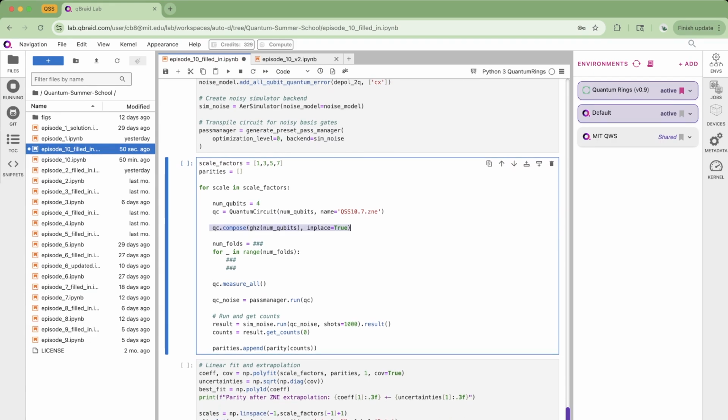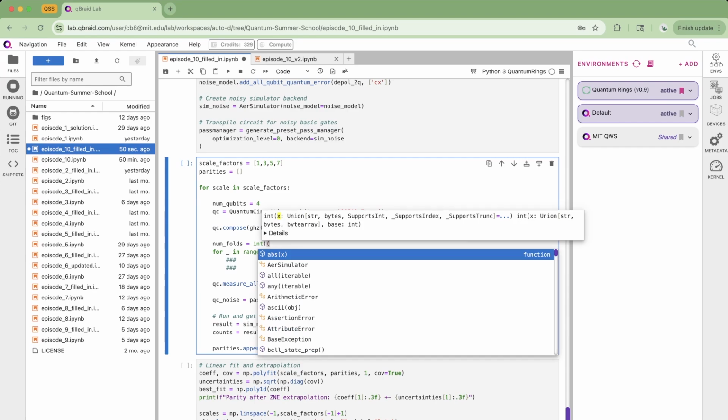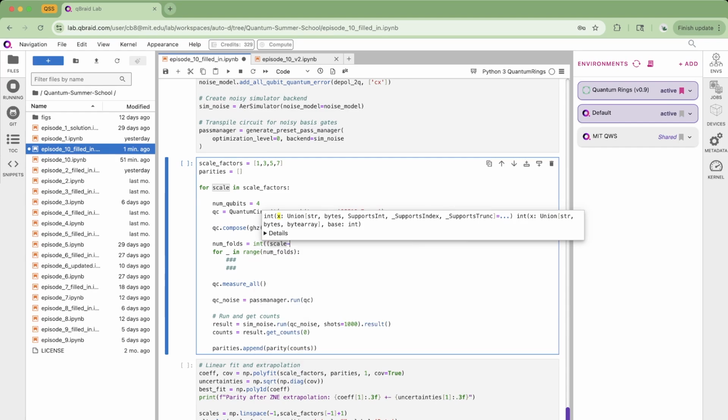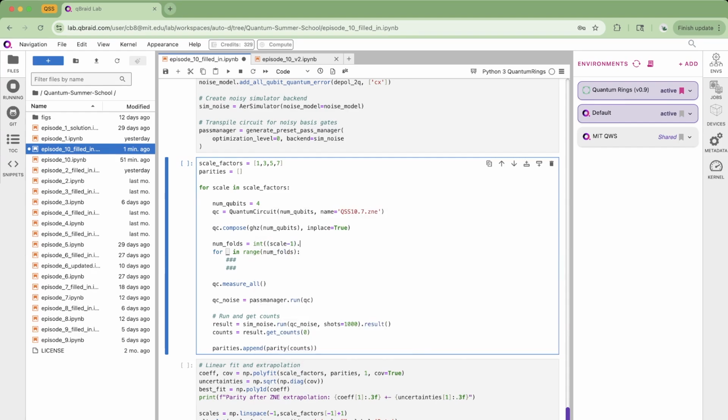So first we're going to apply our unitary. Then the number of folds that we want to do is going to be our scale factor minus 1 divided by 2.